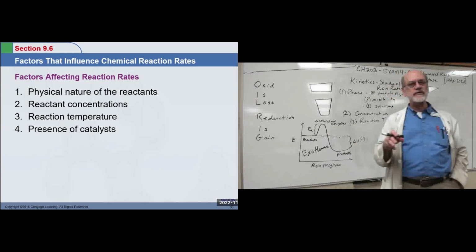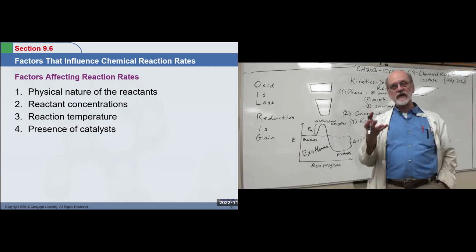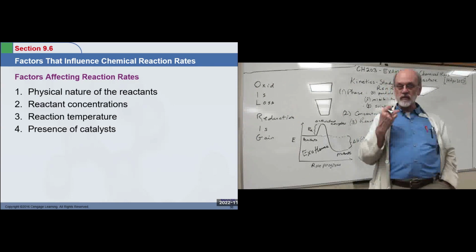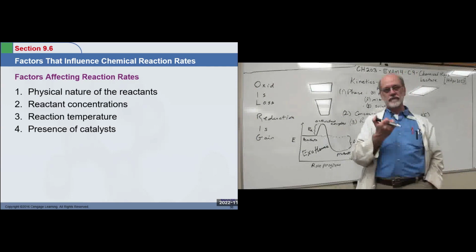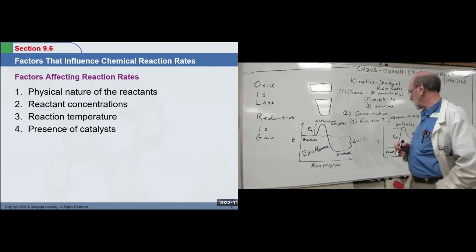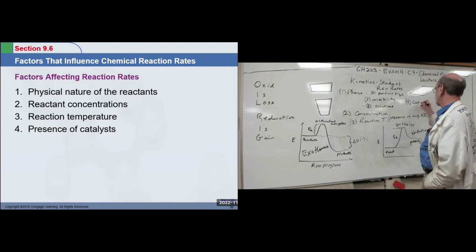So if you increase the temperature, you increase their kinetic energy. When they collide, they have more energy. So the collision model tells you that you're more likely to meet the activation energy threshold for the reaction to occur. And last but not least, catalysts.